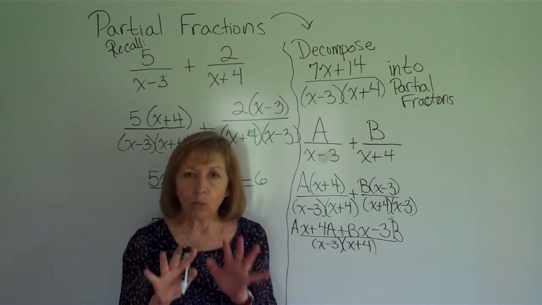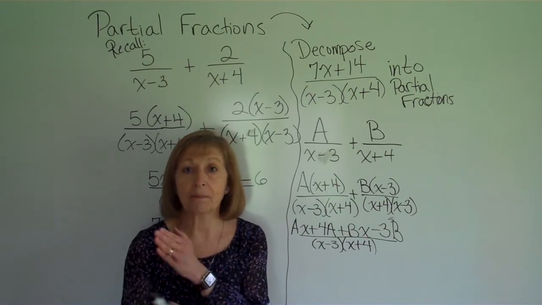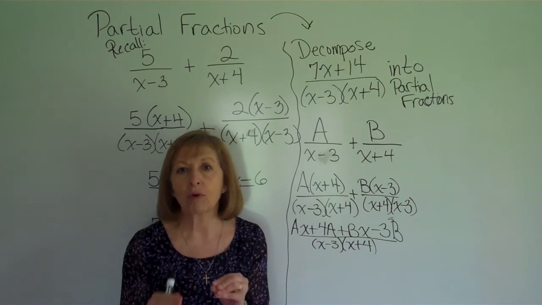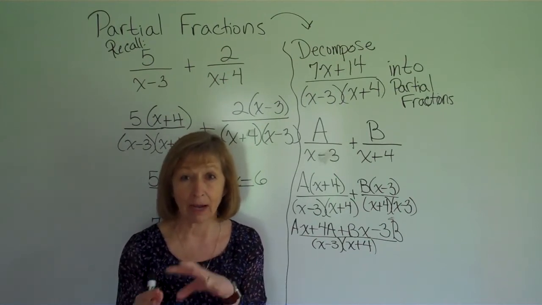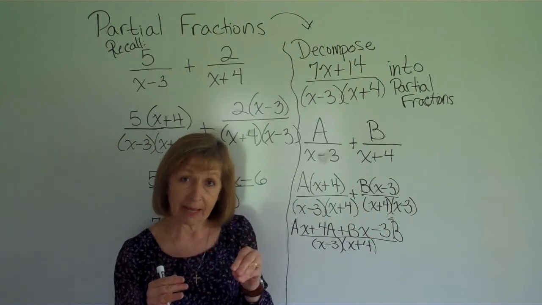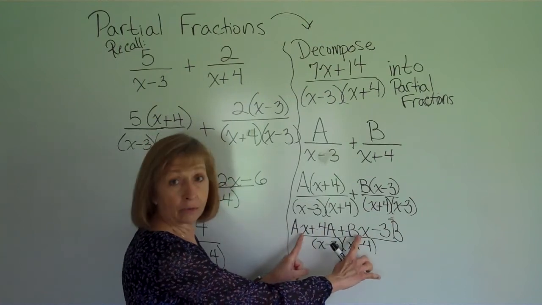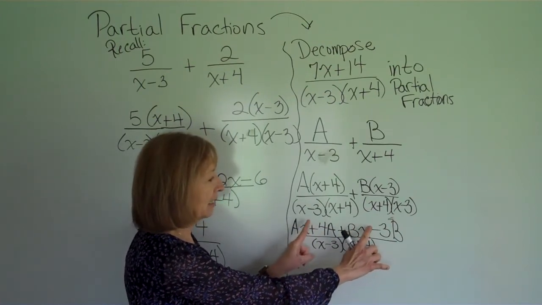And then I want to put this in descending order with respect to the powers of x. And then any term where there is more than one term with that power of x, I'm going to factor the x power out, and I'm going to factor it out the back. So here I would have ax, and then I'll write plus bx, because they have the same x to the same power.